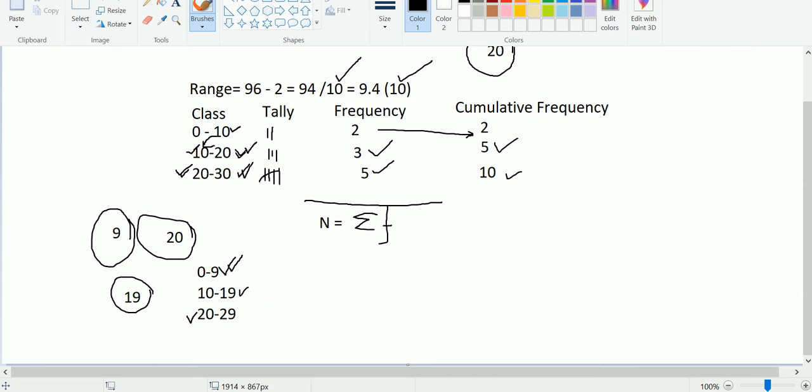And when we say a class of 20 to 29, it contains 10 values.